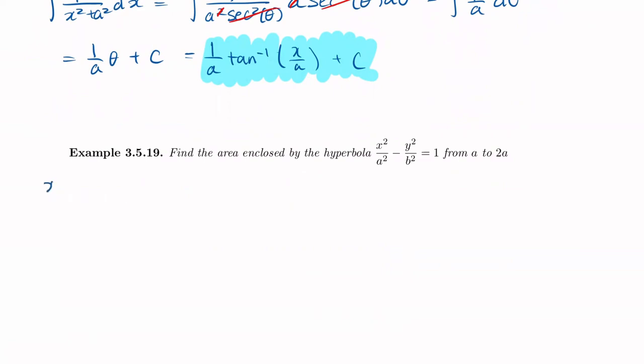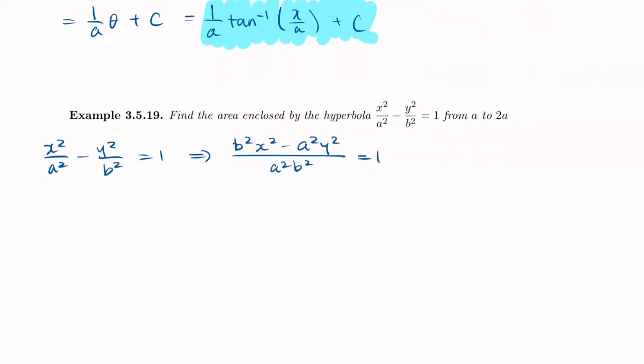So first we have x squared over a squared minus y squared over b squared equal to 1. So that means b squared x squared minus a squared y squared, divided by a squared b squared, is equal to 1. So b squared x squared minus a squared y squared is equal to a squared b squared.